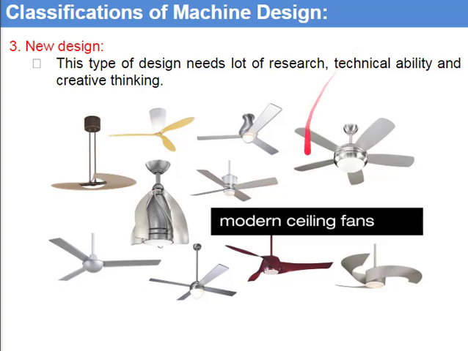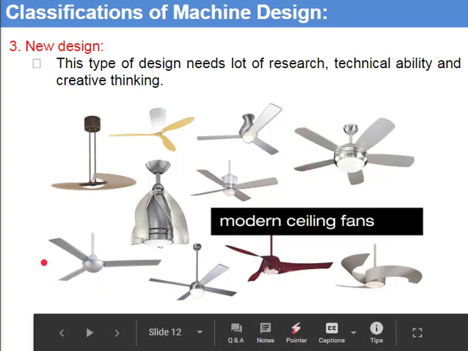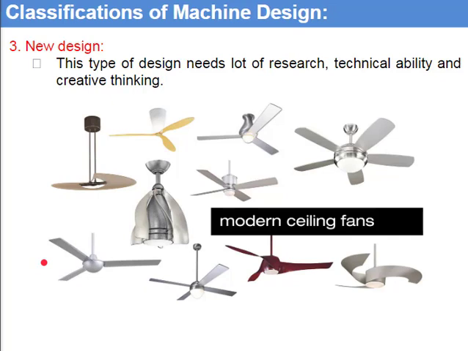In initial days, a fan had only 3 blades, but now we have many modern ceiling fans without blades and along with light. So those are the examples of new design.